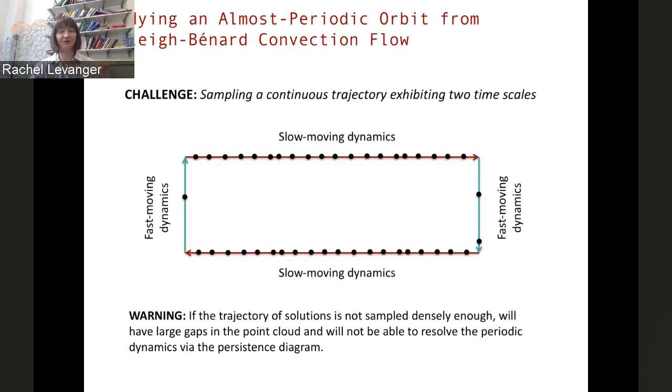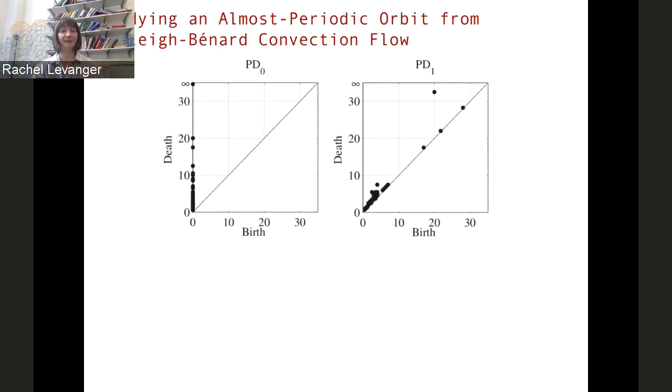So we want to make sure that we sample it densely enough. How can you get a sense for whether or not you have sampled it densely enough? You can actually look at the persistent homology of that. So we imagine we have all of these scalar fields that we've sampled the trajectory from. We've now generated persistence diagrams from every single sample.